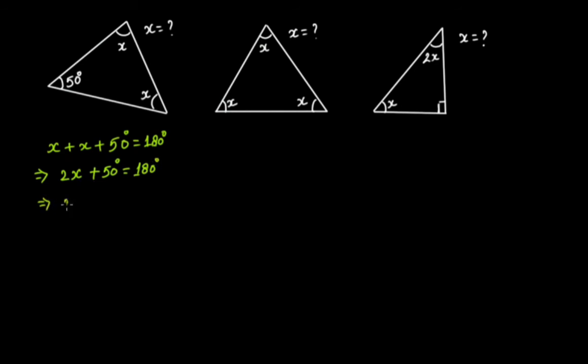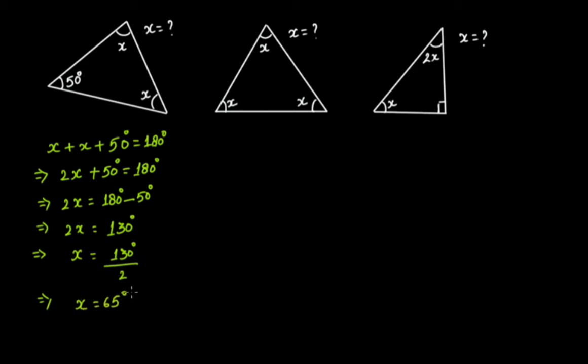If you apply the transposition method, 180 degree minus 50 degree gives you 2x as 130 degree. Now x will be equal to 130 degree divided by 2, and therefore you will get x as 65 degree.